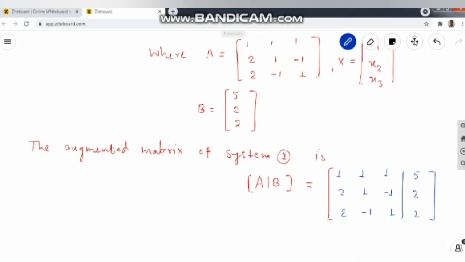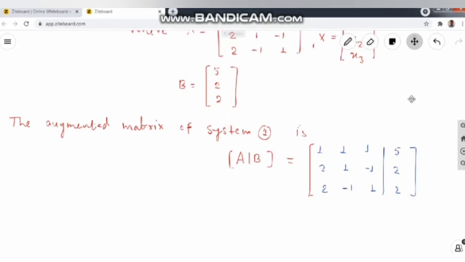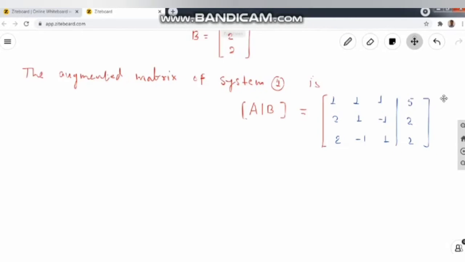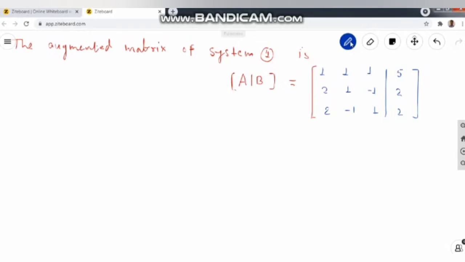Okay, so this is the first step of the Gauss elimination method. Next we will reduce this augmented matrix to the row echelon form.